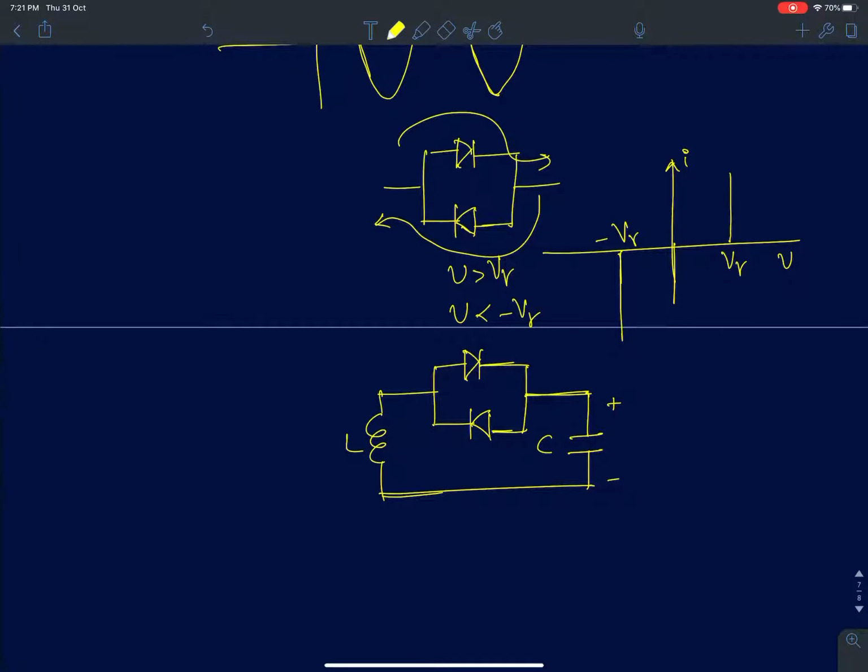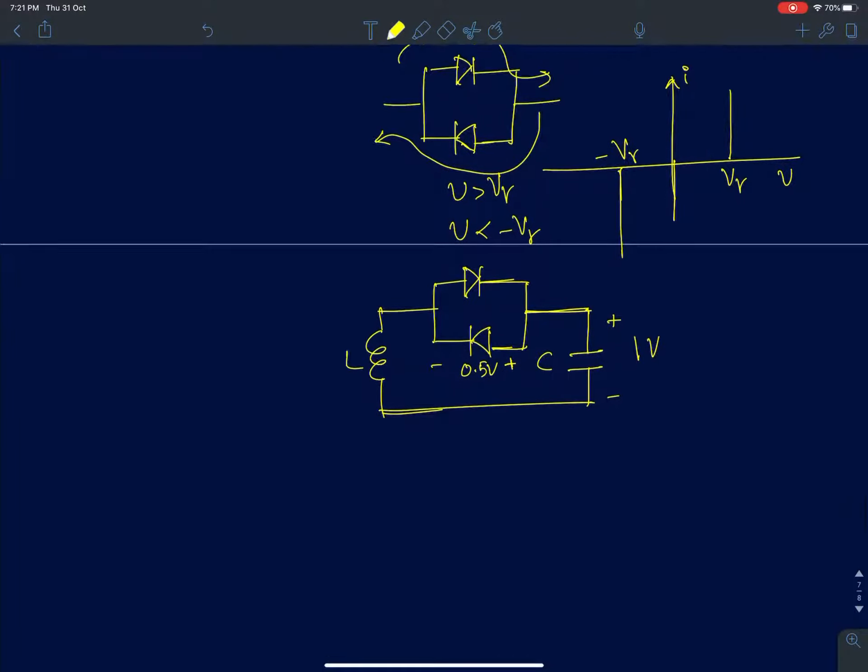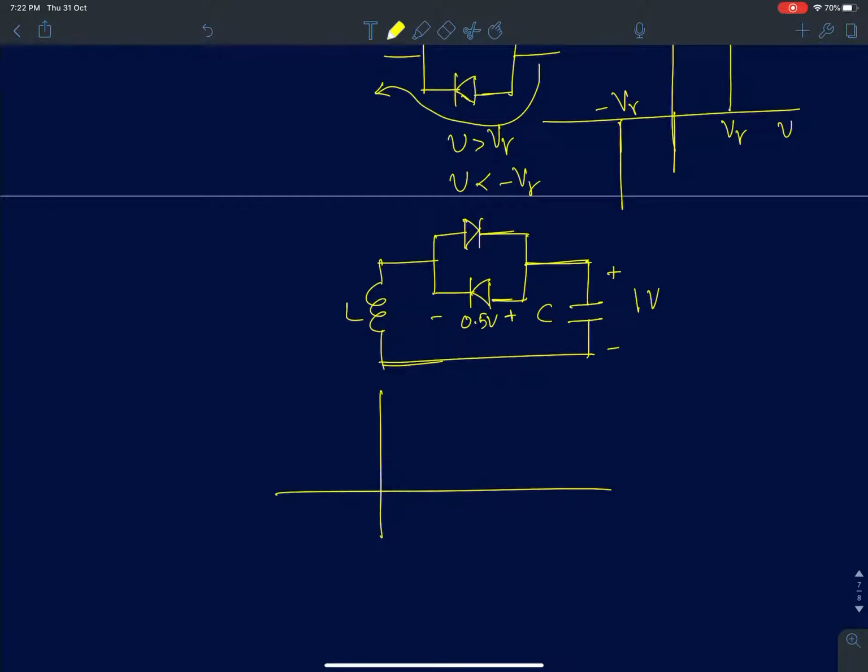So if I start with, say, some numbers here, say 1 volt, and I can assume the diode has 0.5 volts cut-in voltage across it, but then we have already solved that problem. I can start with a case where V gamma is 0.5. We already solved it. By the time it completes one half of the oscillation cycle, the current will return to 0.